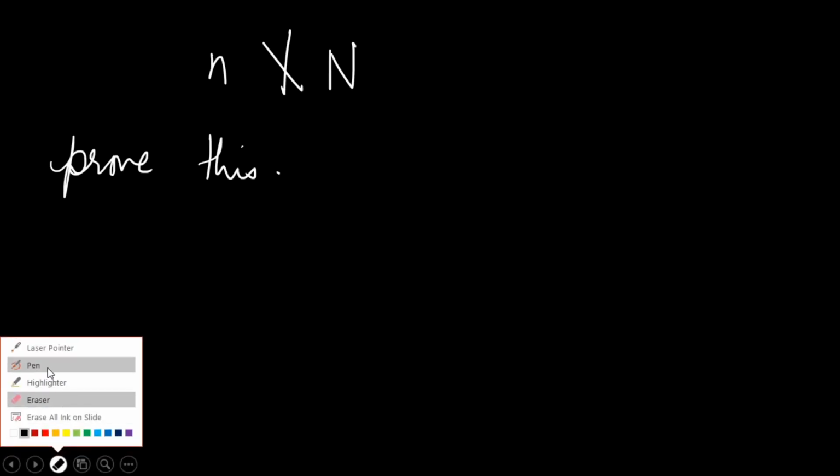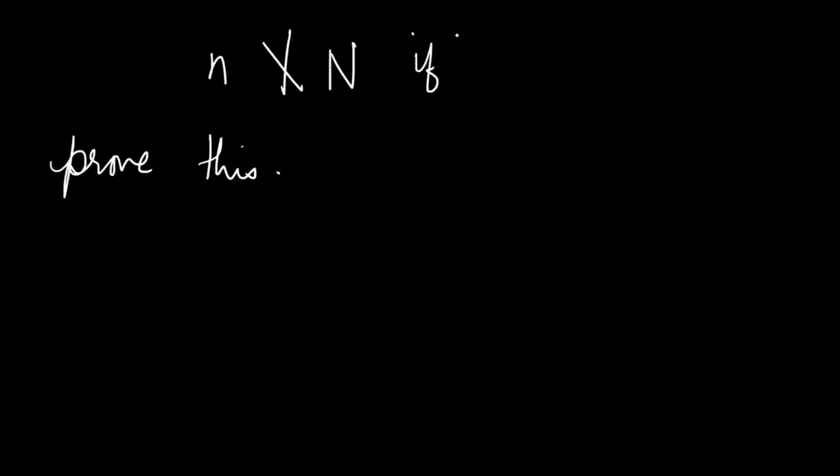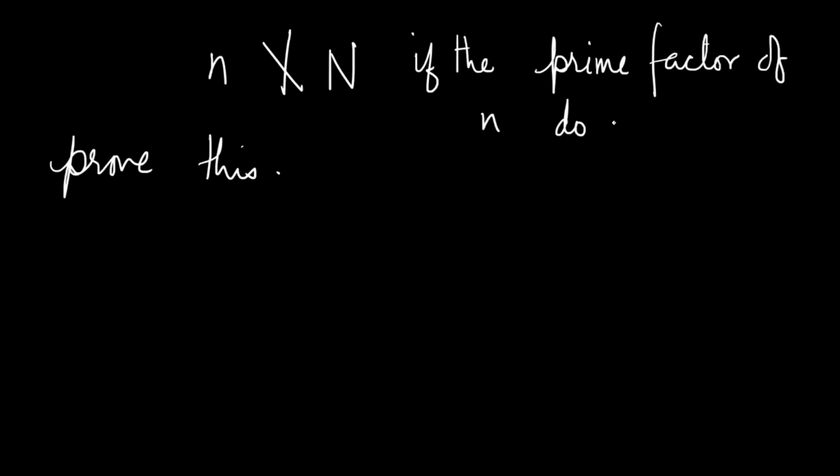N does not divide N if the prime factors of small n do not appear in capital N. So this is what we're trying to prove, and let's try to prove this.